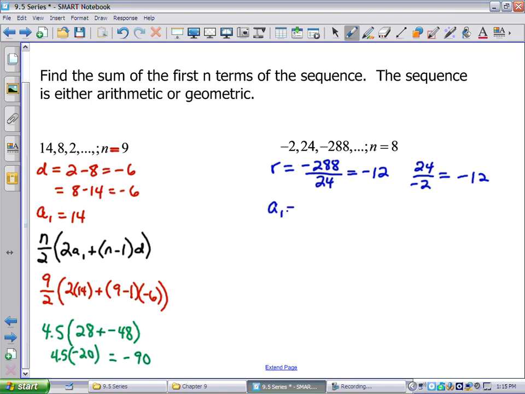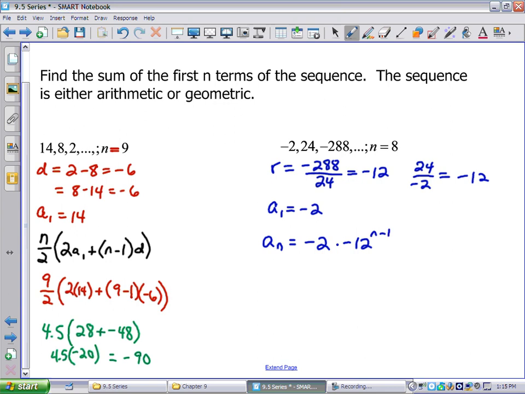Our first term is negative 2, so a sub 1 is negative 2. And here our a sub n, which we don't necessarily need unless you're going to plug it in the calculator to check it, says negative 2 times, so your first term times your r, which is negative 12, to the n minus 1 power.